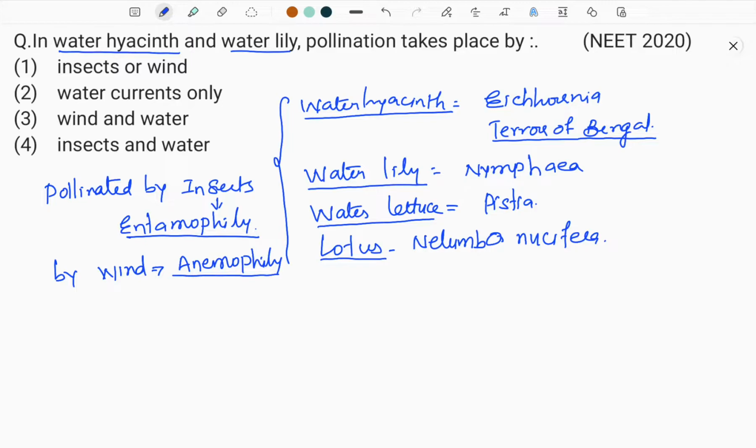It is very surprising to know that pollination by water, that is hydrophily, takes place only in 30 genera, and most of them are monocotyledons.